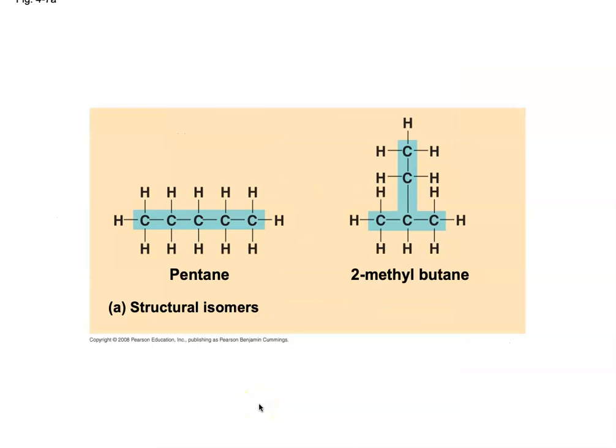Structural isomers, because hydrocarbons are capable of branching off. The formula for this is going to be C5H12. That's basically the formula for both of them, but the way they are structured is different.